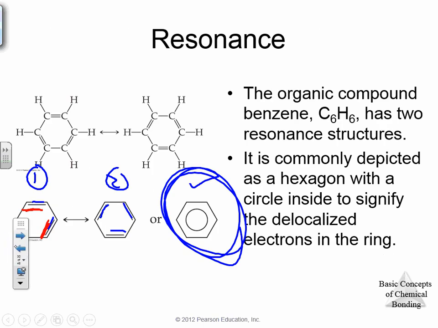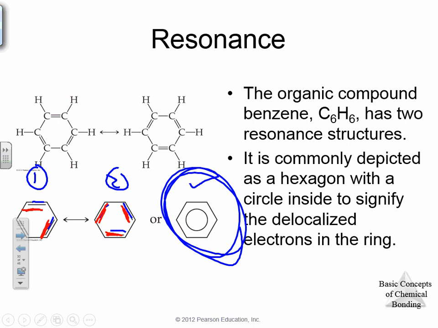Sorry, guys. And what happens is those double bonds shift. We draw it with a circle to show that those 3 double bonds are always in resonance. There are 3 sets of electrons that are delocalized and always moving to form resonance. So delocalized electrons form resonance.